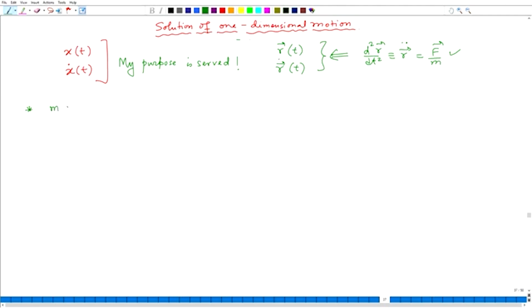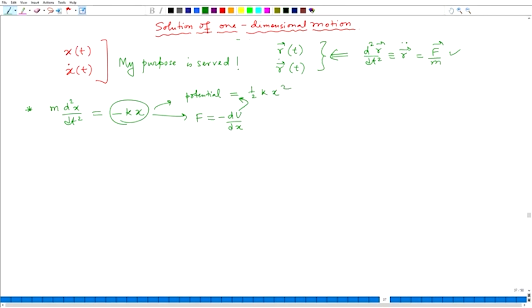That means you have m d2x dt2 and the force is minus kx. If the force is minus kx, then you all know the corresponding potential. If the force is equal to minus du dx, then u should be half kx square.